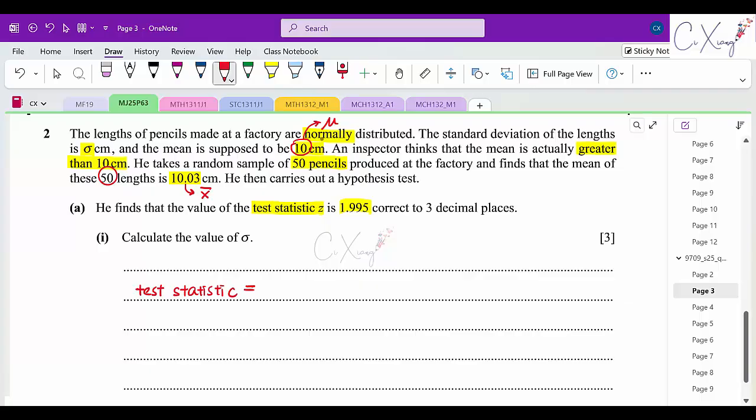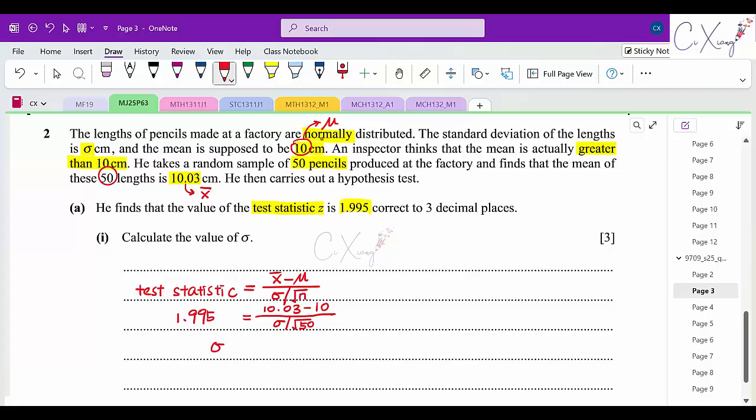The test statistic formula is the sample mean minus the population mean, divided by the standard deviation over the square root of n. Since we already know the test statistic is 1.995, we plug in all the values from the question. Sample mean is 10.03. Population mean is 10. Sigma, you don't know what it is, but you know the sample size is 50, so you have the square root of 50 here.